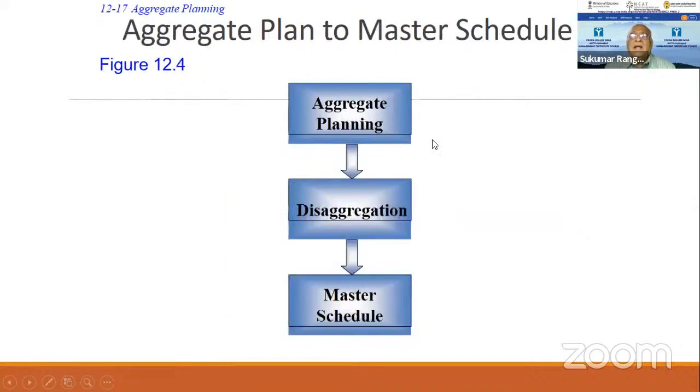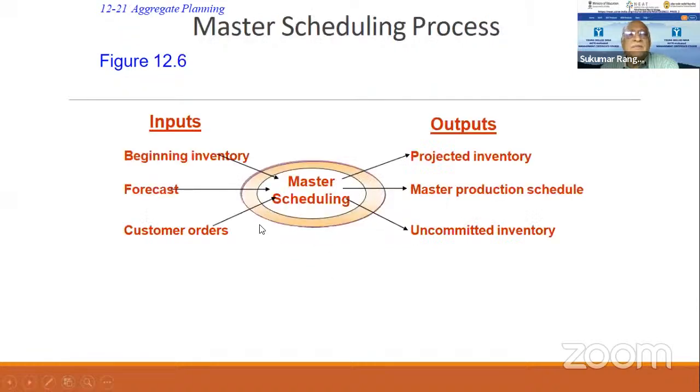From aggregate planning, there's a process called disaggregation, breaking it into different product groups and other details. And then from there, what is called a master schedule is produced. Now, all these you will study when you get into operations management as an elective. But I'm just giving you the words which you may be able to correlate or look for yourself.